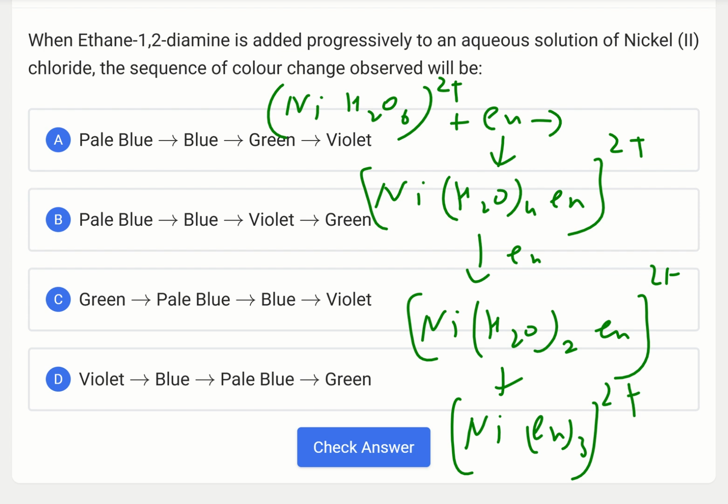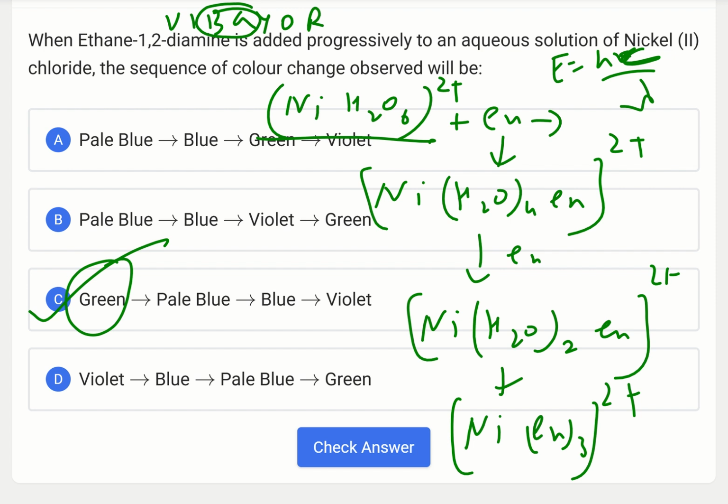Now, for nickel with H2O, if you remember, E is equal to hc by lambda. Now we have got VIBGYOR. So green and blue, according to lambda, just arrange them. So definitely the color of this water complex, because it is a weak field ligand, is first green. Then pale blue, green and violet.